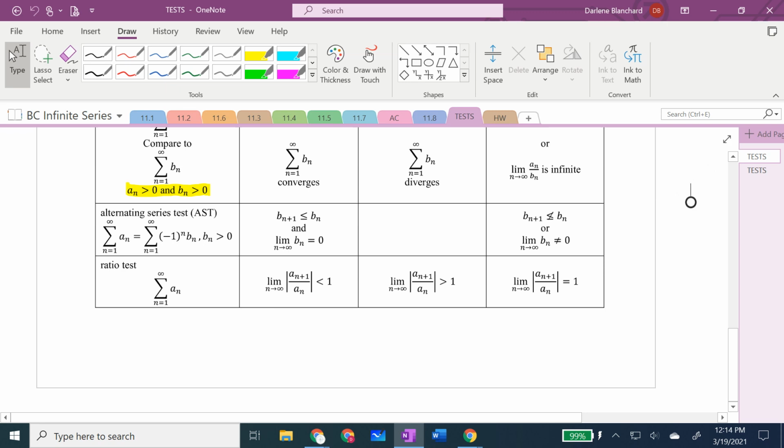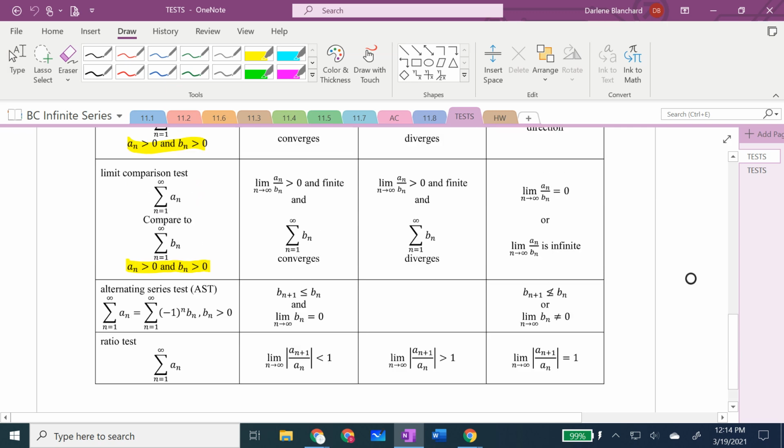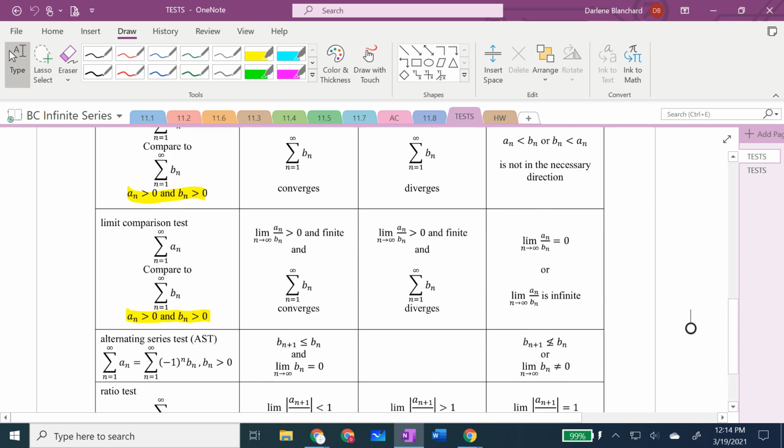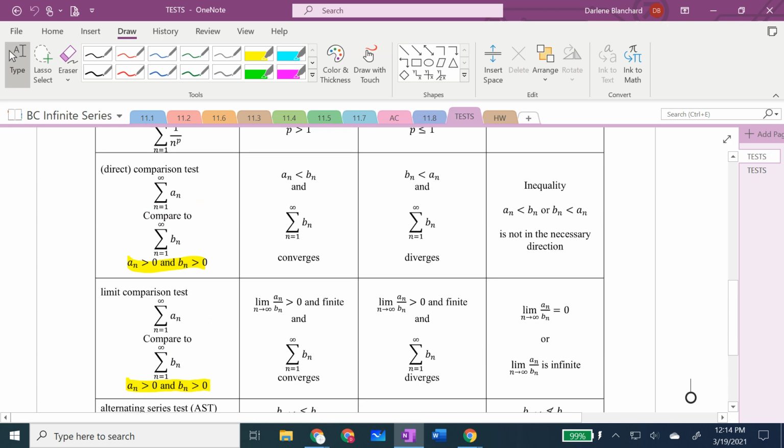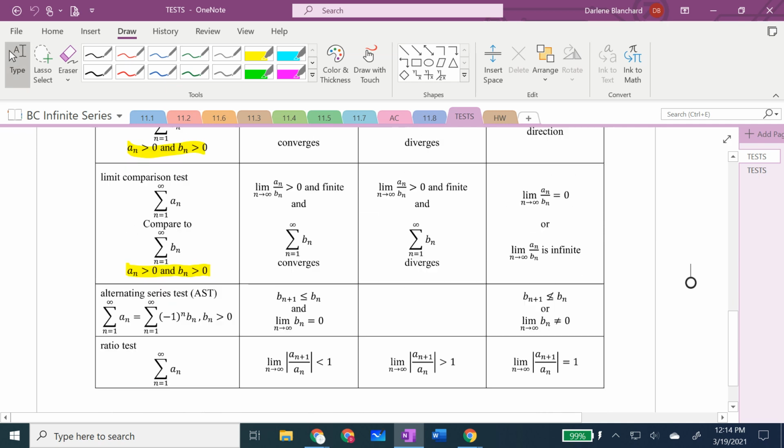Now, let me talk to you about how to decide the direction to take. If you notice addition or subtraction, you're most likely going to need a comparison test if you see addition or subtraction within your formula. If you see a -1 to the n, you might head to the alternating series test.